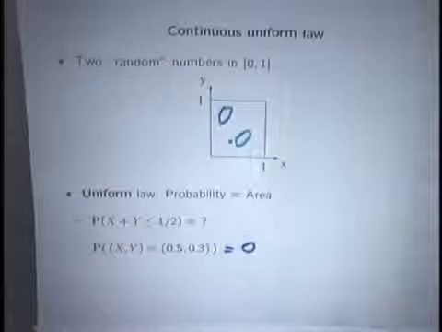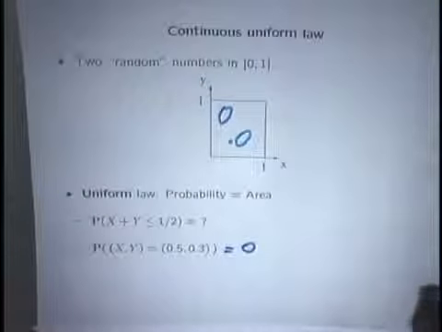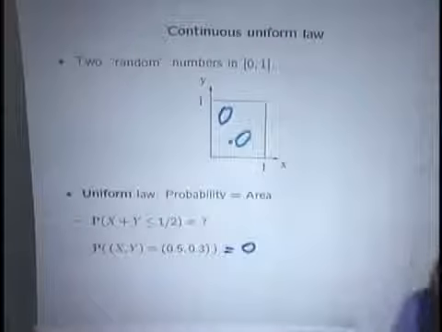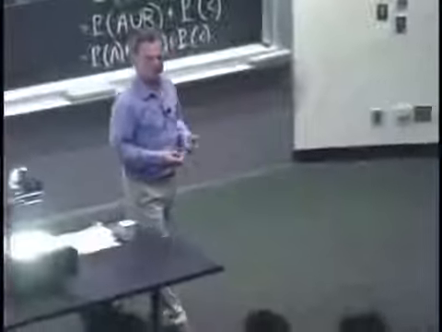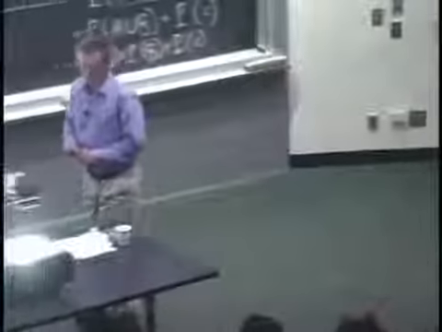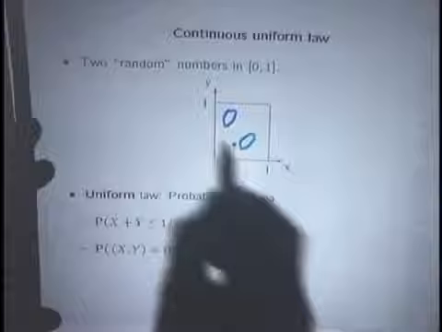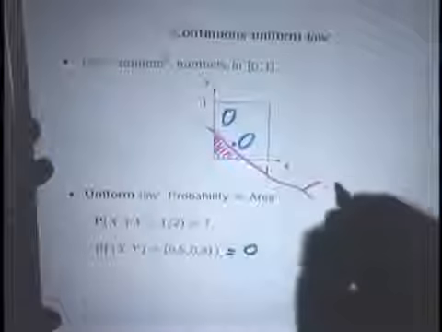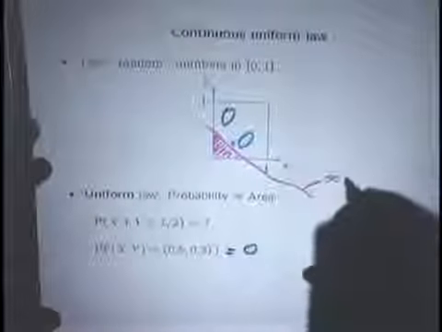How about the probability that the sum of the coordinates of the point that we got is less than or equal to 1/2? How do you deal with it? Well, you look at the picture again, at your sample space, and try to describe the event that you're talking about. The sum being less than 1/2 corresponds to getting an outcome that's below this line, where this line is the line where x plus y equals 1/2.